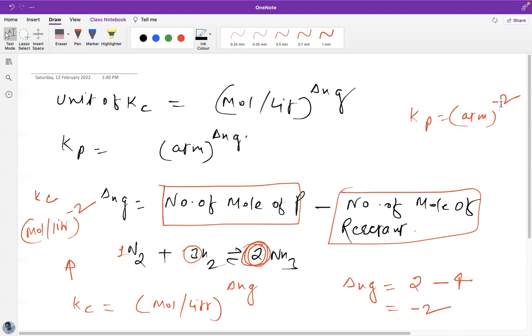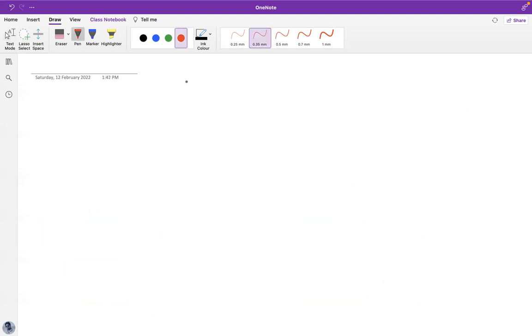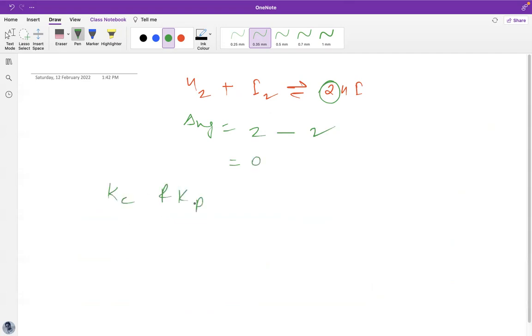We can take this one as an example. Suppose you have H2 plus I2 giving 2HI. If you write delta Ng, this is 2 minus, and both are 1, 1, so 2, that is equal to 0. So Kc and Kp both are unitless.